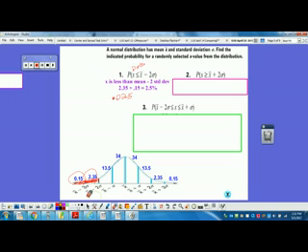I'm going to erase my work over here on my curve so that I can answer the next question. What's it asking? The probability that a piece of data is greater than the mean plus 2 standard deviations. So the mean plus 2 standard deviations is right here, and if I'm greater than that, I'm over here.